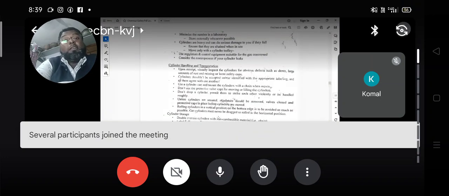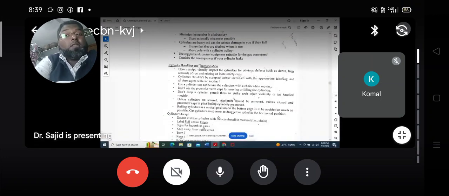The expiry date is also mentioned on the cylinder. See, A, B, C, D coding is there. January, February, March is A, then April, May, June is B, then July, August, September is the C group, and the next group is October, November, December.